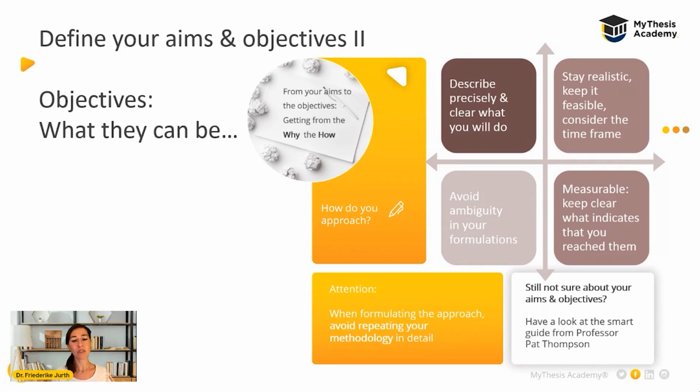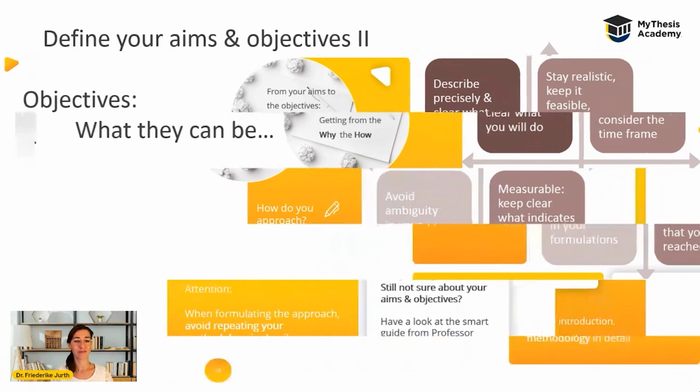So the aims are basically about what you want to do, where you want to reach, and the objectives are the definition of how you want to reach there. If you have some doubts, you can also have a look at the blog from Professor Pat Thompson. There's also a good explication about that.